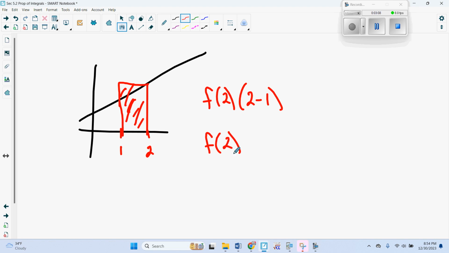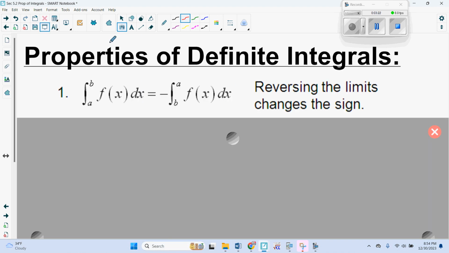If we switch the limits, what that would do is change this to 1 minus 2. So all that would do is change our answer by making this a negative instead of a positive. So that's our first property.